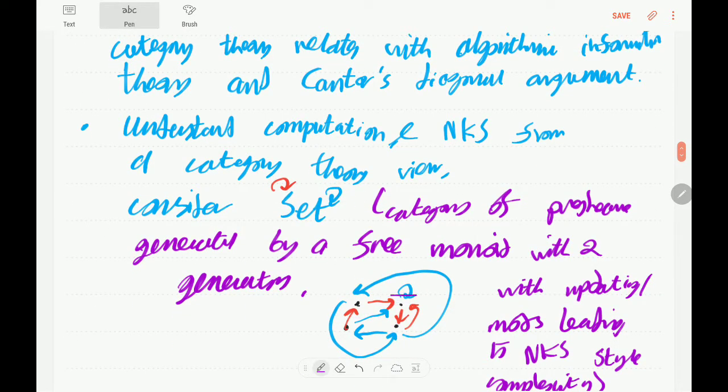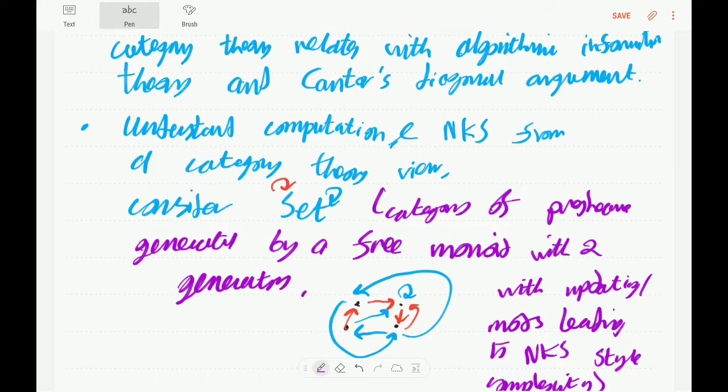Something interesting in this, a particular topos is like the topos of dynamical systems, except every state has two arrows out of it of different colors. So a blue arrow coming out of it and a red arrow. So we can call this set to the power of a monoid, a free monoid with two generators. Okay.